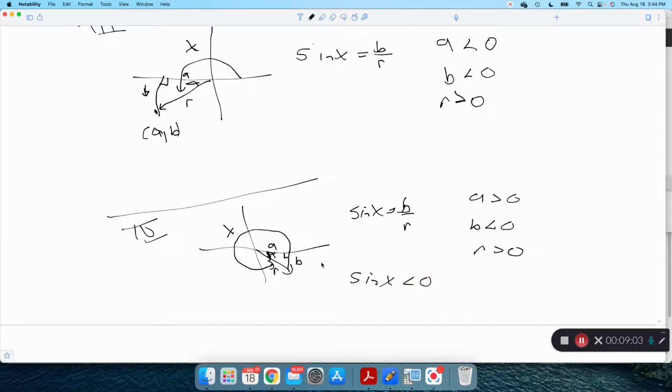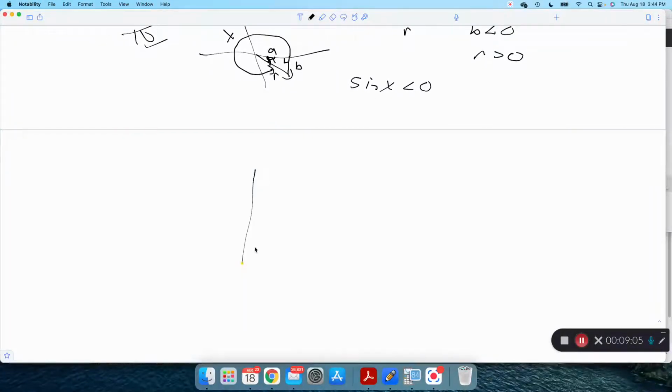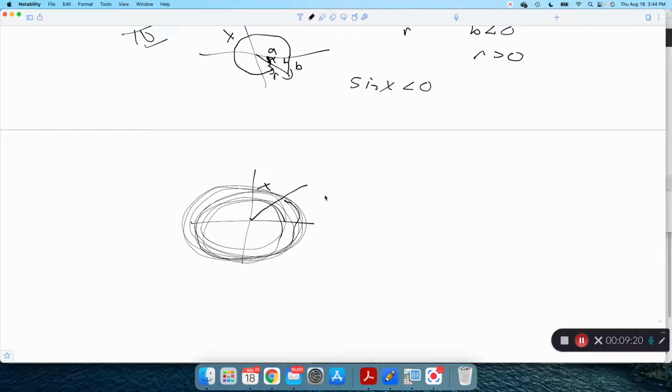And we could keep going. I could take X to be around the circle 37 times. I'm not going to go 37, but around the circle a bunch of times, and then land right here. So X is like 4,000 degrees maybe. I don't know.